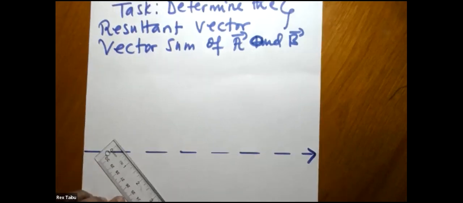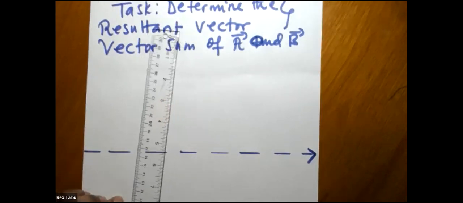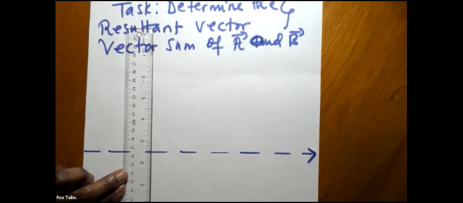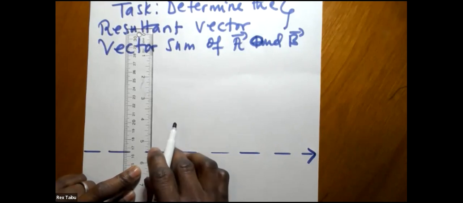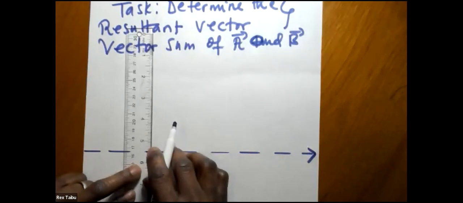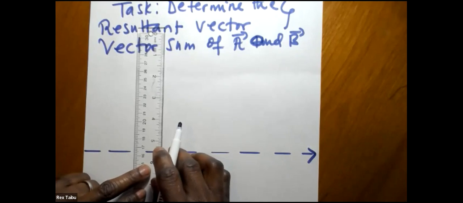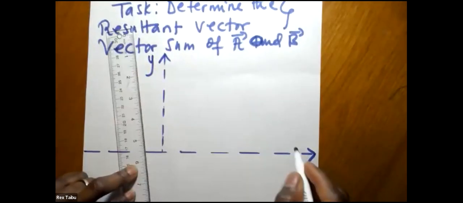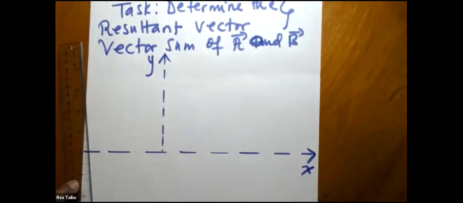And the y-axis has to be perpendicular to the x-axis. Try as much as possible to make it perpendicular. Okay, so that will be my perpendicular axis, y, and this one is x.